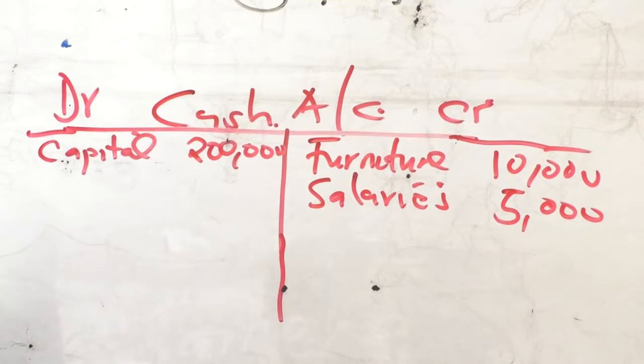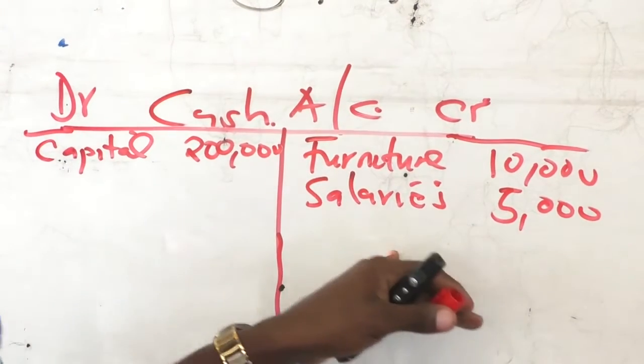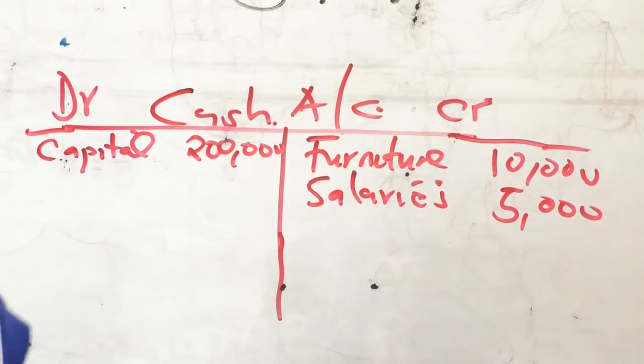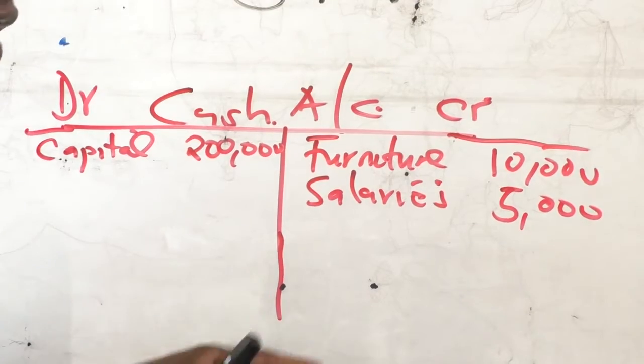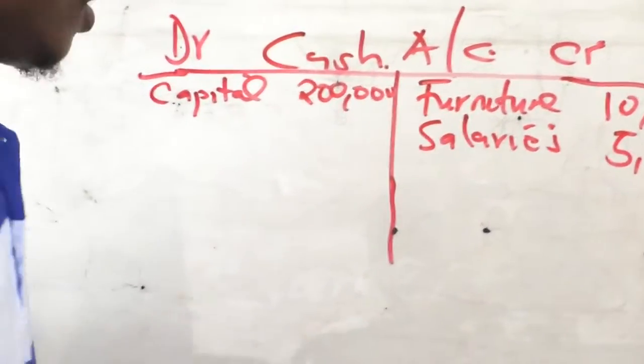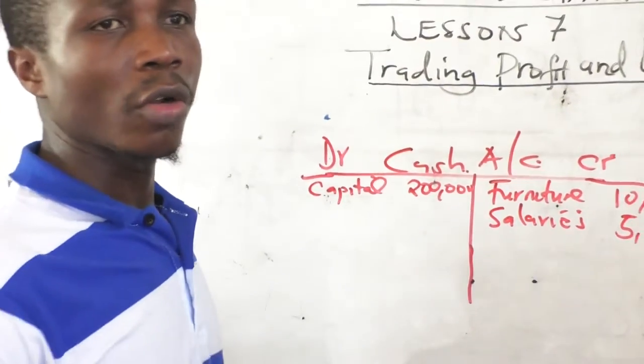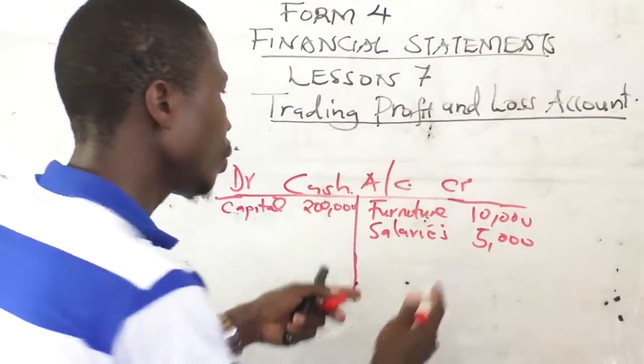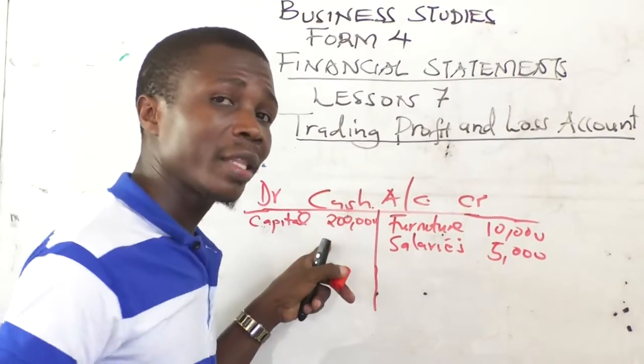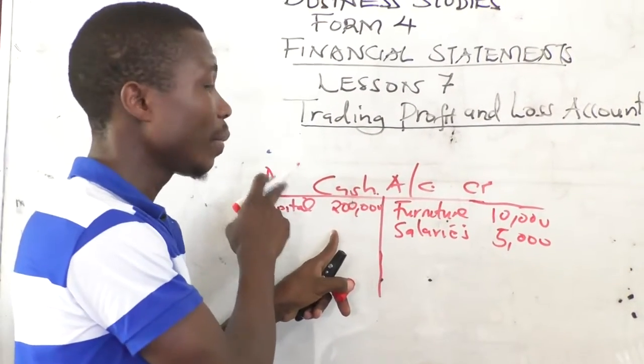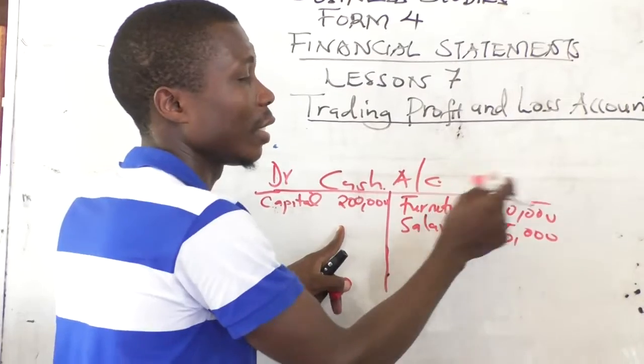But then at the end of the accounting period, the trading period, we always do what is known as balancing of the ledger accounts. What we simply do is compare the debit side and the credit side.